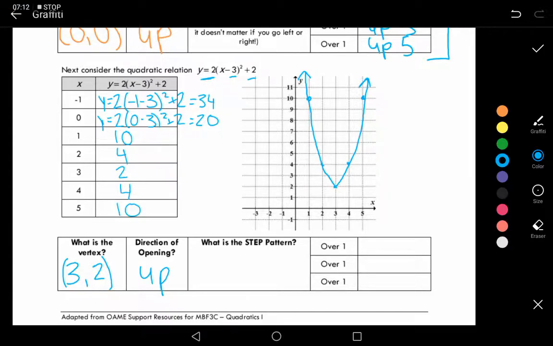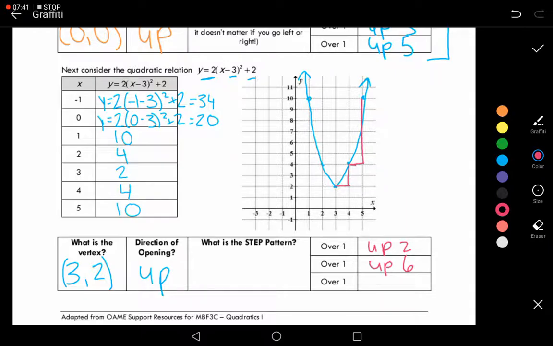Okay, now this is the new part. So what is the step pattern? Remember, the step pattern is when we start at the vertex, we go over 1 to the left or to the right and see how many we have to go up. So if I go over 1, I have to go up 2 to get to my next point. If I go over 1 again, I have to go up 6 to get to my next point.